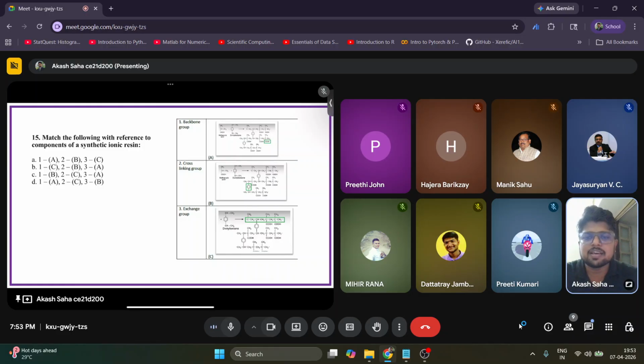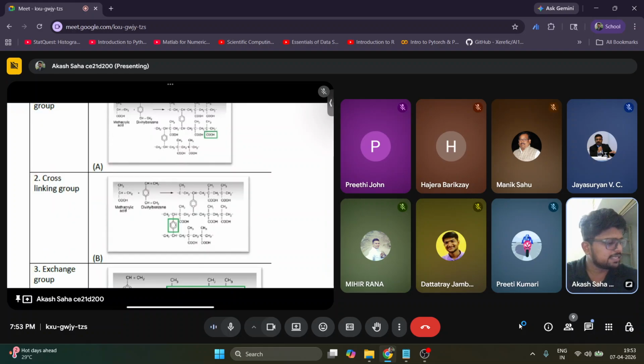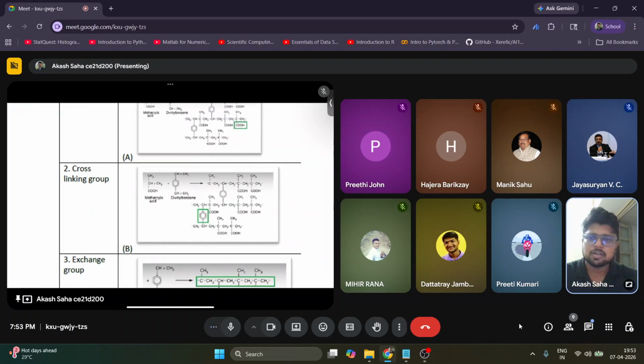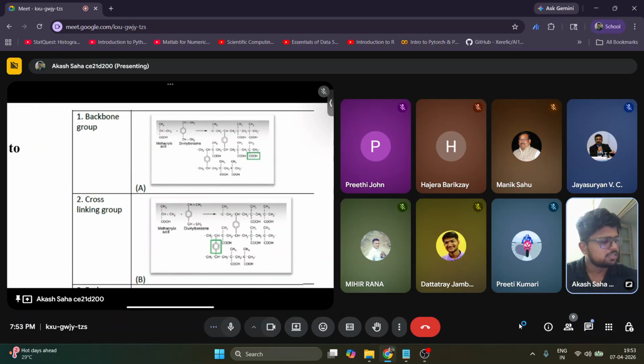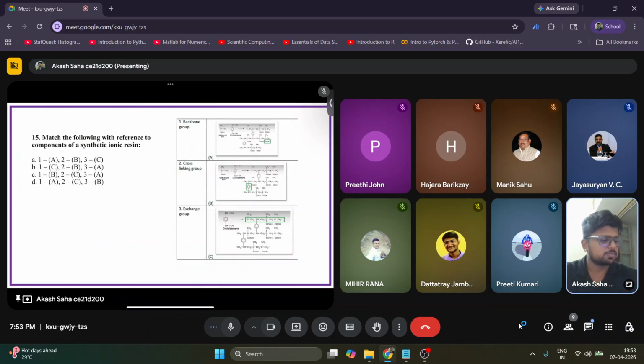Then cross linking: this aromatic compound is linking two different chains, so that is a cross linking group. And exchange group: from here some exchange can happen. This group will be removed, and some other group will come and get attached, so it is an exchange group. So option B is correct.